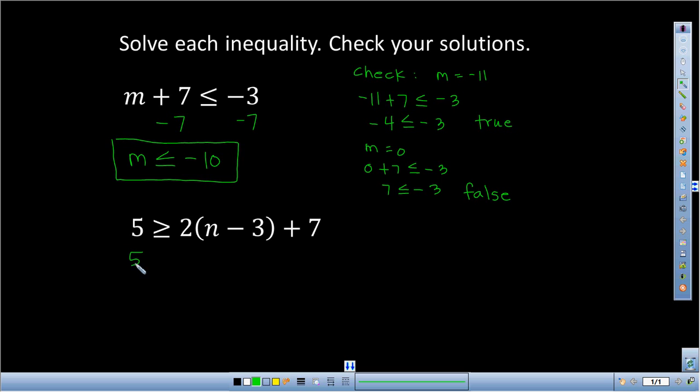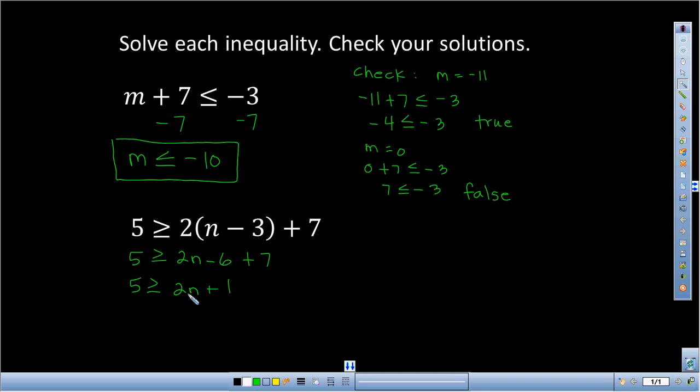We have 5 is greater than or equal to 2 groups of n subtract 3, which tells us we have 2 multiplied by n and 2 multiplied by 3, so we have 2n subtract 6 add 7. When we combine the like terms, negative 6 add 7 makes positive 1, so we can rewrite the inequality as 5 is greater than or equal to 2n add 1.